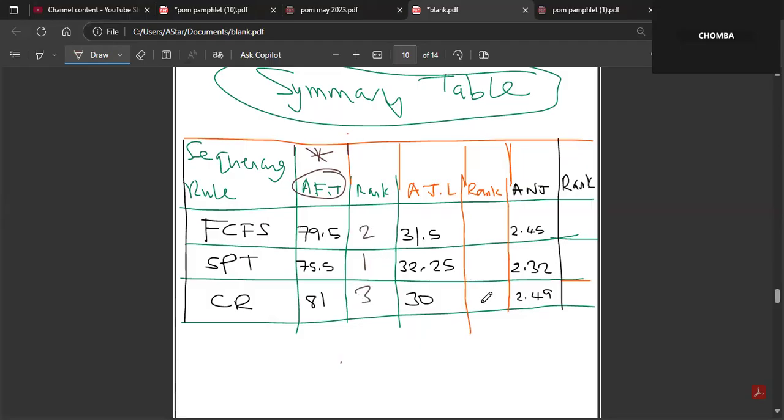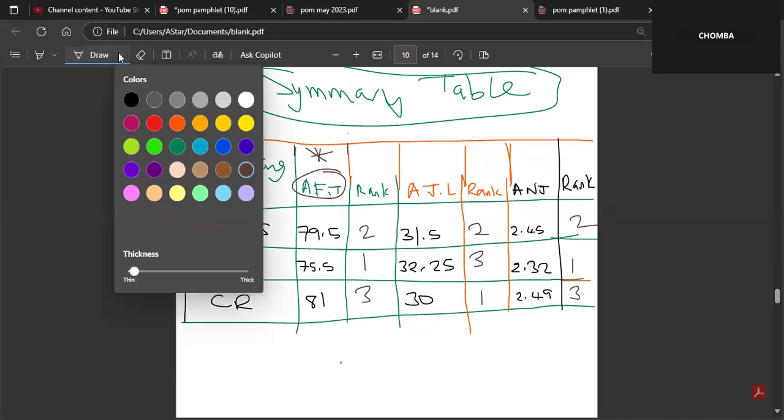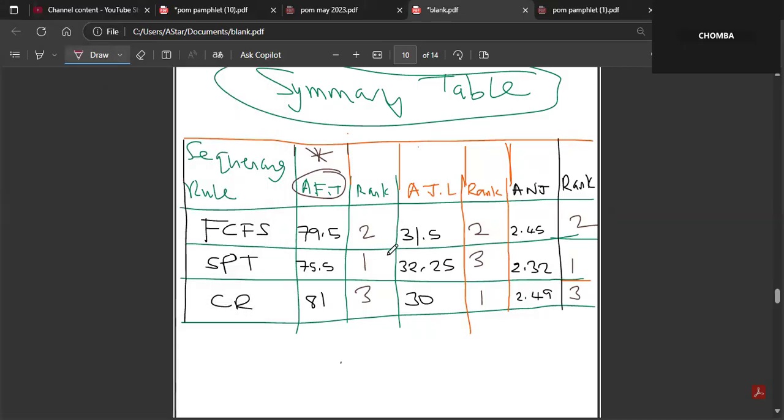Then this other one, the one which is better is 1, 2, 3. Right? Then this other one is 1, 2, 3. So what are we saying in short? What we are simply saying is that SPT is ranking first based on this one and this one. So it has dominated.